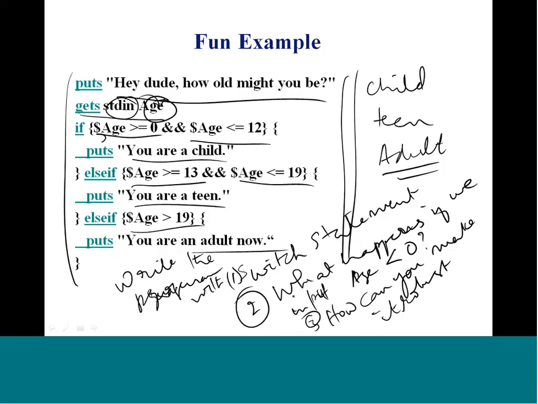And the second thing is, what happens in this program if you put age as less than 0? What is the program output? Try to find out. And the last question is how can you make it robust, meaning how can you cover this condition, whether it errors out or it doesn't error out. That also you can do using the switch command.